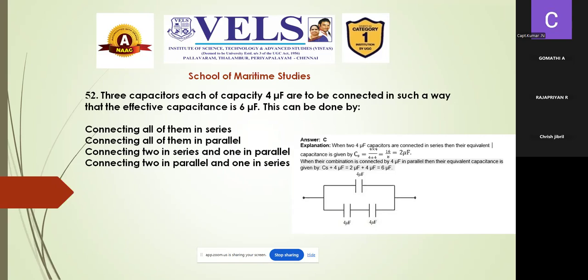Then this system is connected with one more parallel capacitor, so the equivalent capacitance Cp is 2 plus 4, which is 6. The third capacitor is connected in parallel. So the option is connecting two capacitors in series and one in parallel.